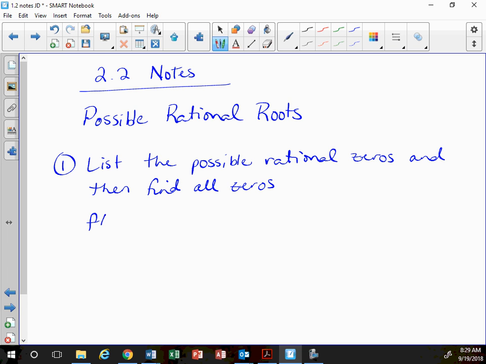So our function here, f of x equals x to the fourth minus x cubed minus 5x squared plus 3x plus 6.